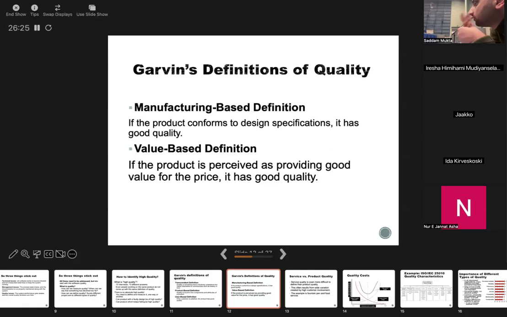Maybe some persons cannot afford it. So definitely for fulfilling my demand, it has a very high price. Then we should not say that this product has high quality, because it is not complying with the value.